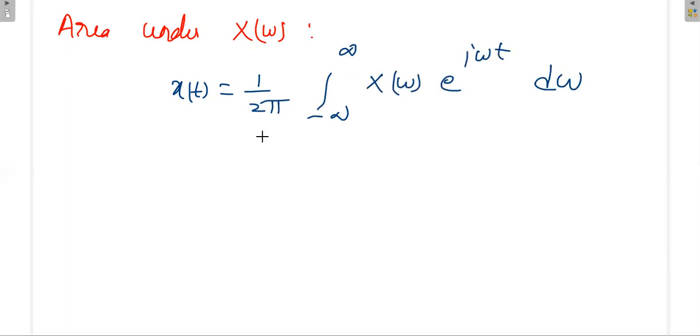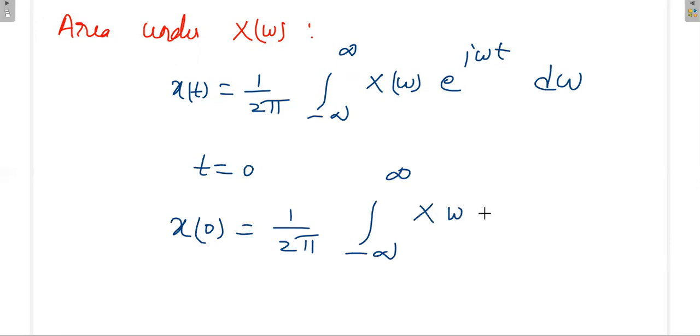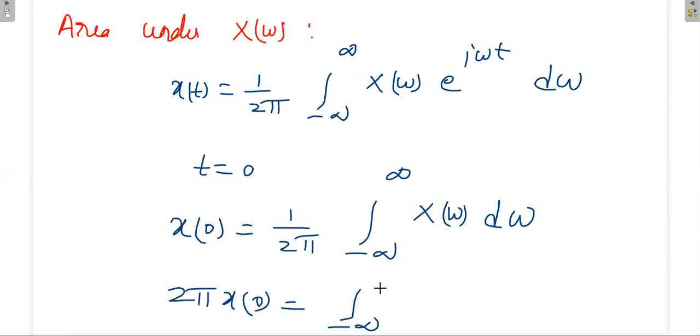If you substitute t equal to 0, then x(0) is 1 by 2 pi times the integral from minus infinity to plus infinity of X(omega) d omega. So 2 pi x(0) equals the integral from minus infinity to plus infinity of X(omega) d omega. So the area under the spectrum X(omega) can be calculated as 2 pi times x(0). Here x(0) means, for the time domain representation, you put t equal to 0. So 2 pi x(0).